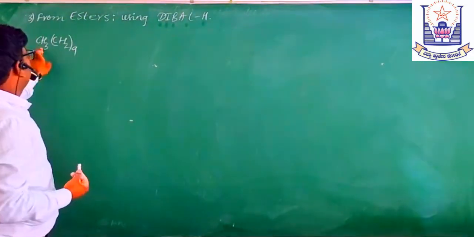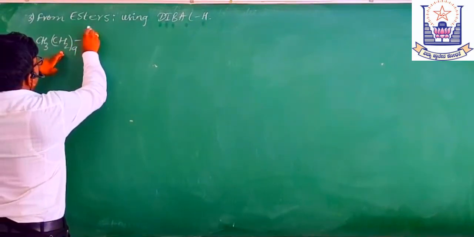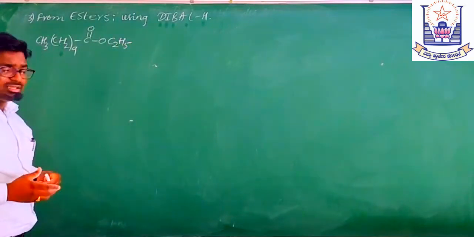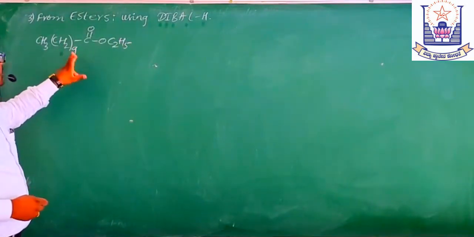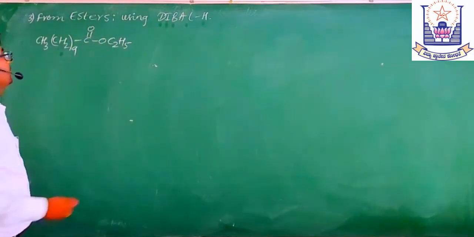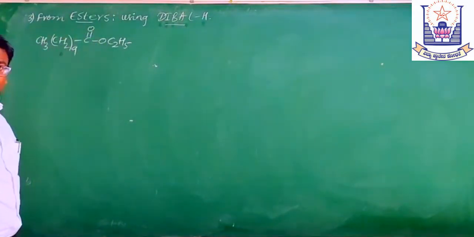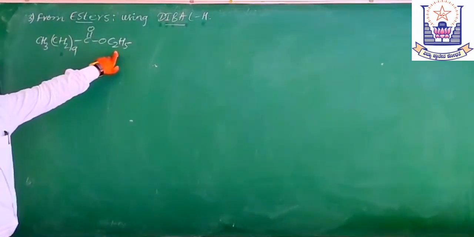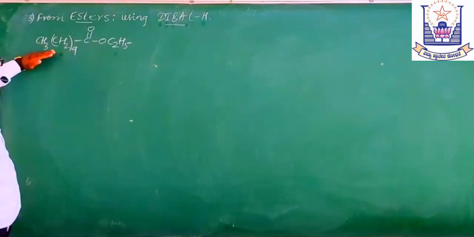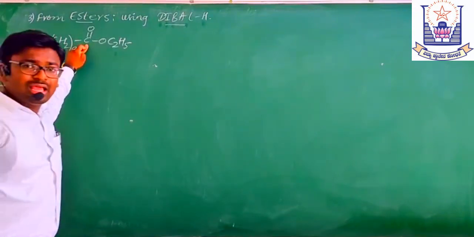Take this example: C double bond O, C2H5. What is the name of this ester? This is an ester, RCOOR'. How to name this? This group is ethyl. How many carbon atoms are on this part? 9, this one 10, this is 11. For 11, we call undec.